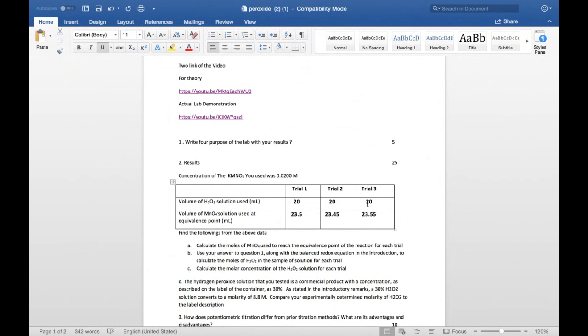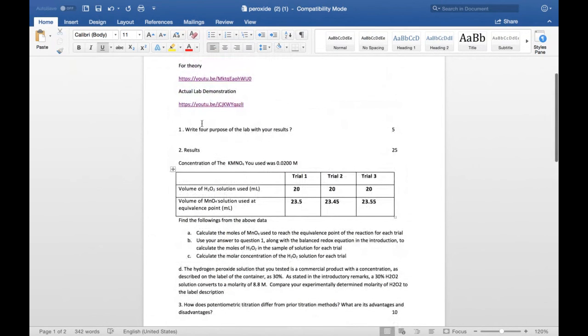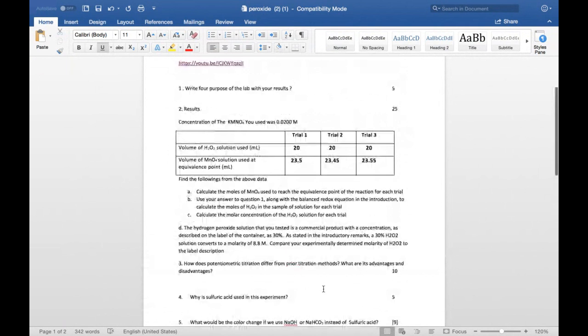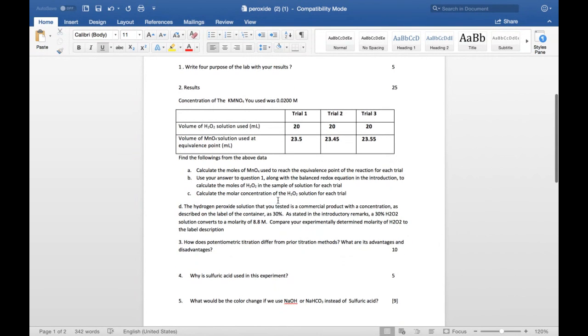First, don't write the introduction at the beginning, because after doing all the calculations you will get your results, and then you will be able to write down the 4 purposes of the lab as well as the results. Here I have given you the data from the video; it is 23 point something maybe, so 20 ml I have taken. Whatever you got in the video, these are the data from there. So find the following from the above. Okay, we have discussed this part.